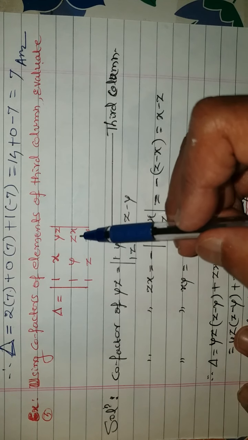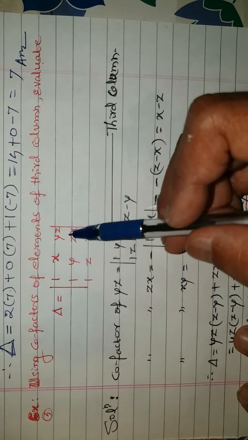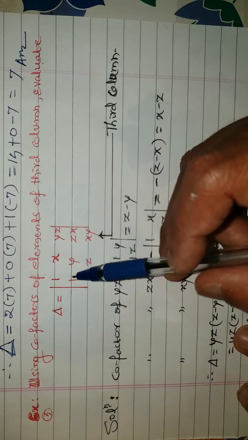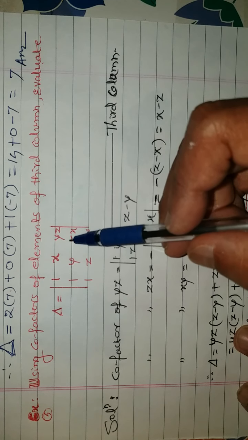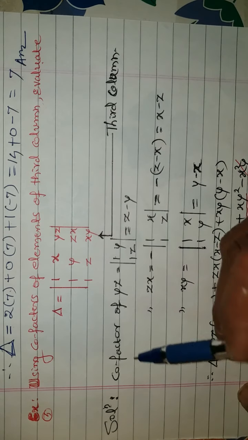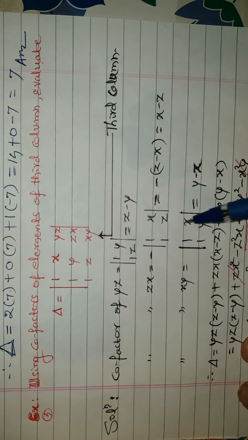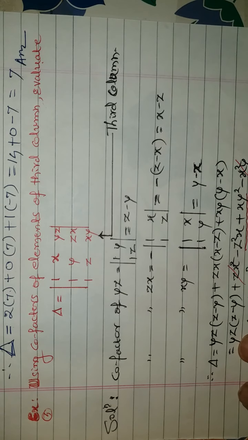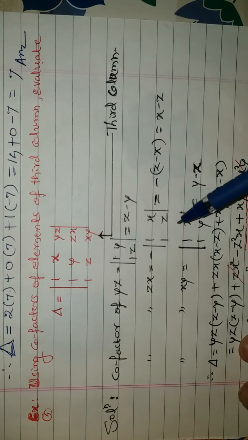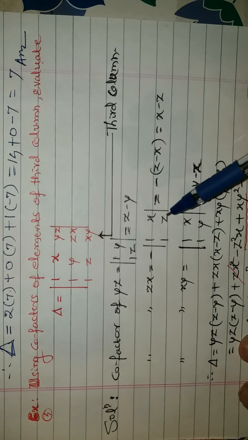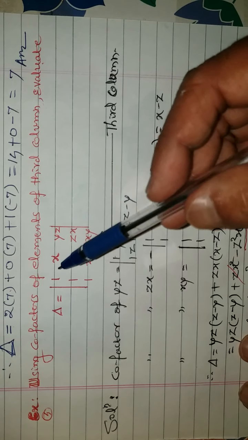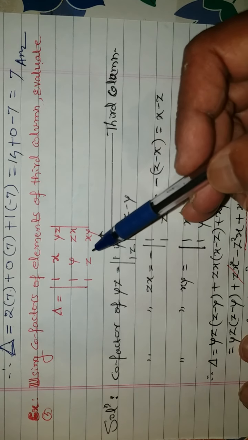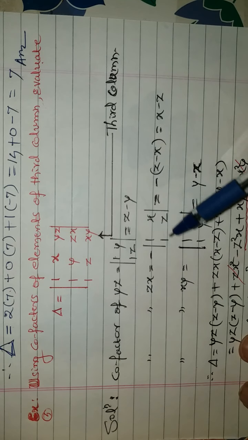Similarly, the second element belonging to the third column of the second row, the cofactor of zx is equal to, according to the formula sign, minus into, then you leave this row, this column, which gives 1 x, 1 z. That equals z minus x.